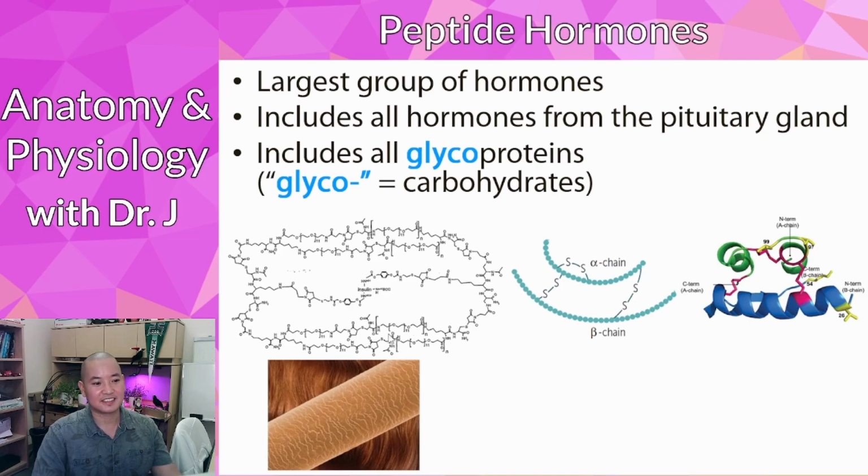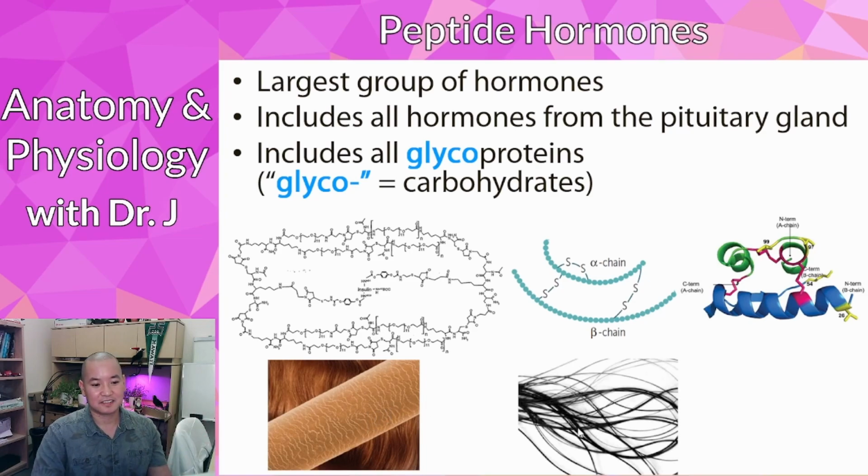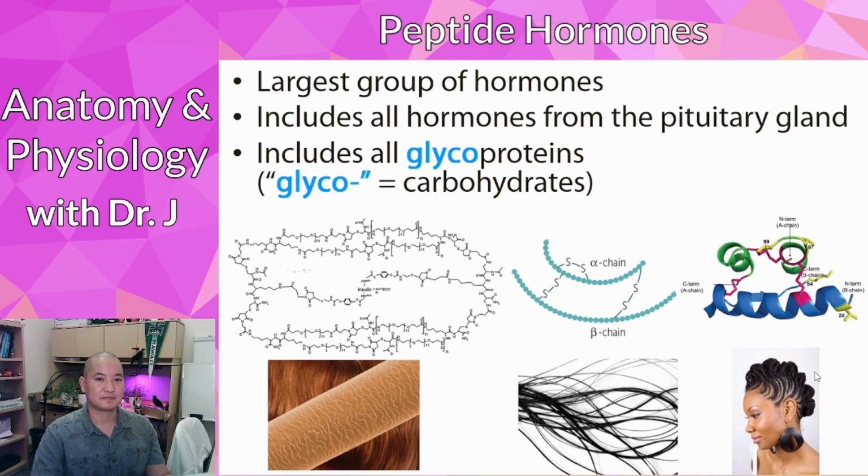This could be the very detailed, zoomed-up-close version of hair, or this could also be a picture of hair. It's just different levels of zooming out to show the same structure. Typically when you see a peptide or polypeptide hormone, they use either this structure or this structure. Rarely this structure, because that's way more detailed than we need to know at this point.